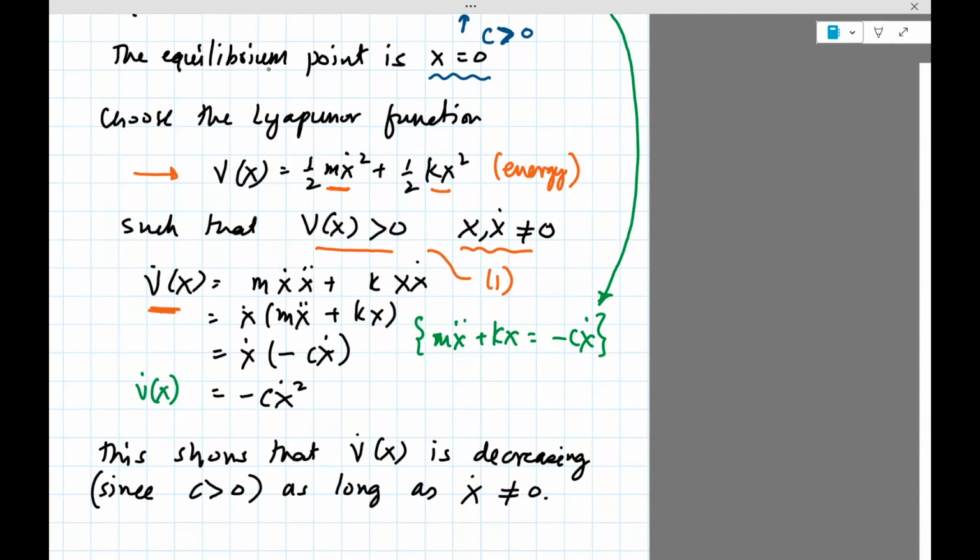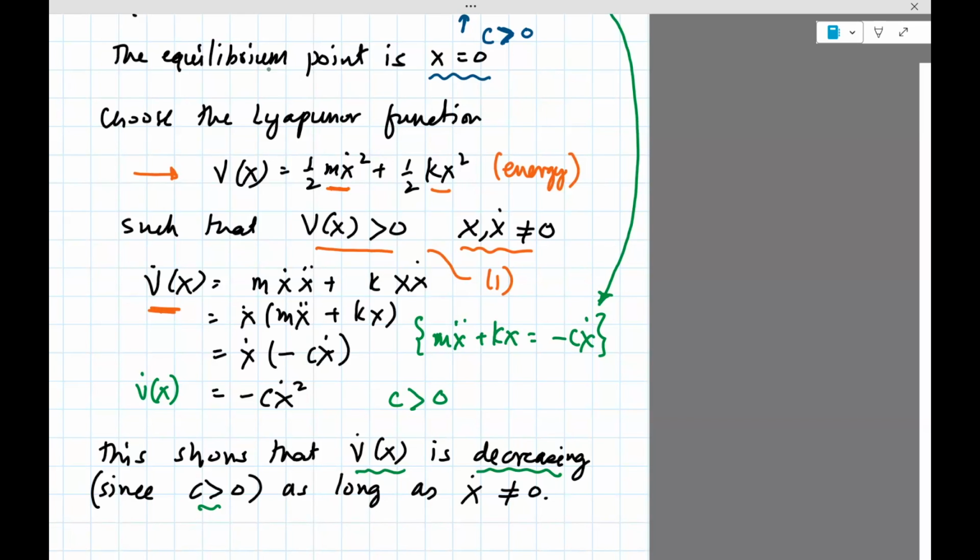Now, clearly c is greater than 0, and x dot can be, let's say, some positive value. V dot of x is clearly decreasing since c is greater than 0, as long as x dot is not equal to 0.